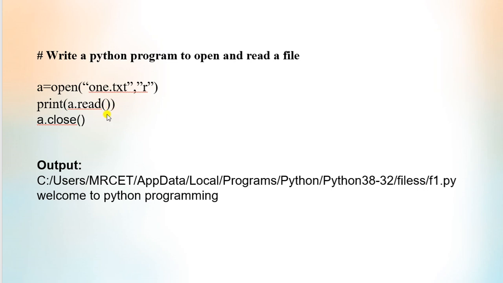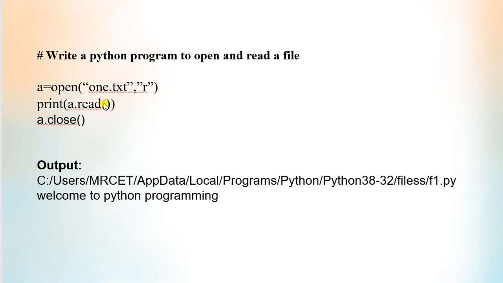That means the read function reads the first 5 letters from the file. For example, here the first word is welcome, 1, 2, 3, 4, 5. So when we give a dot read of 5, the output is WELCO. The first 5 characters are read from the beginning of the file.